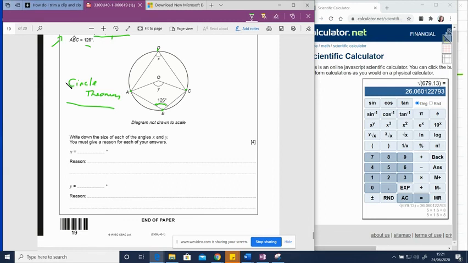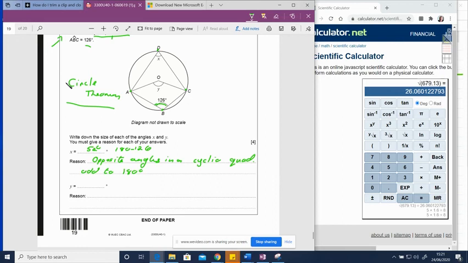So angle x is 180 less 126, which is 54 degrees. And the reason is opposite angles in a cyclic quadrilateral add to 180 degrees.